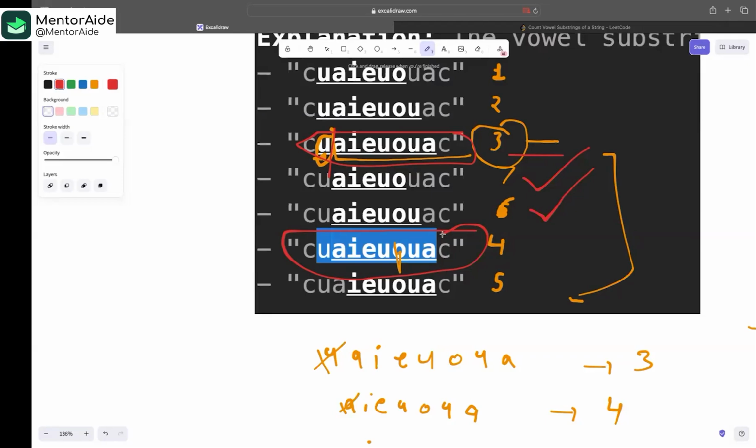What if we compare the previous character? What do you mean by previous character? We have already deleted U because its frequency was higher. When I say previous, I mean the closest one toward the inner side.